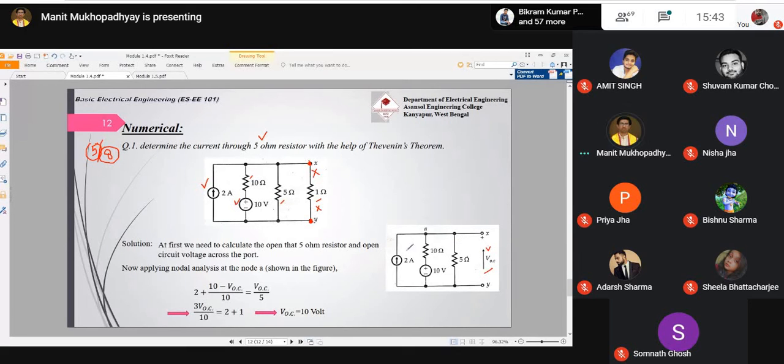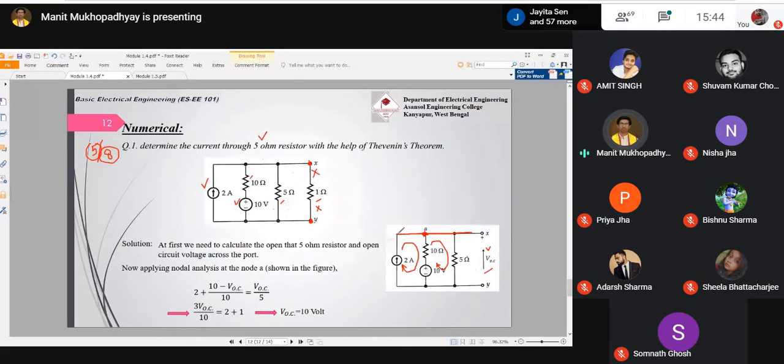Because if you do the mesh analysis, each time you have to calculate one current, and then another current from here. So we are not doing that. We are simply taking one voltage here, and see all voltages in this line are the same, correct? So we will do nodal analysis.